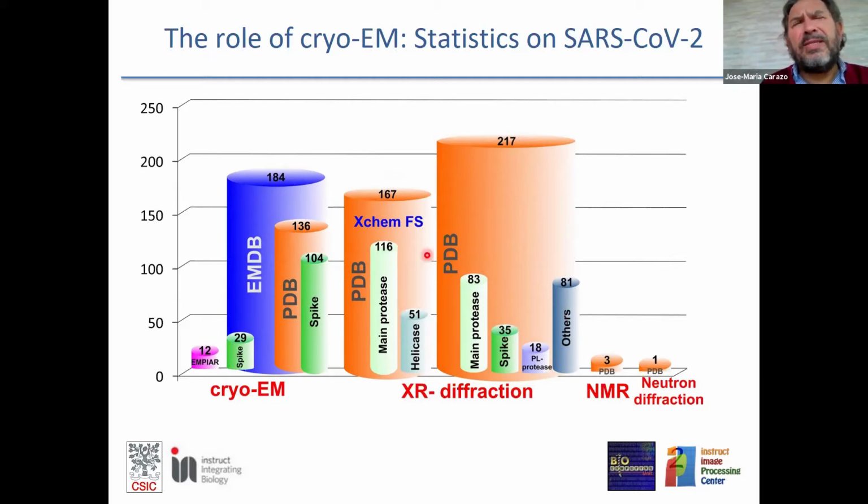We have to acknowledge the great work of XChem, of fragment-based screening at Diamond, in which they studied thousands of compounds to see the interference with mainly the main protease and helicase. Great work. And you see that other technologies have had more limited scope so far, but I'm pretty sure that things will be changing very fast. But this is the picture as of today.